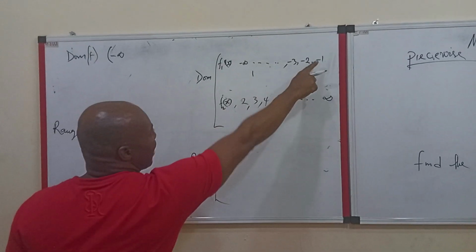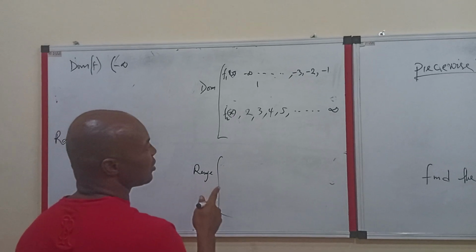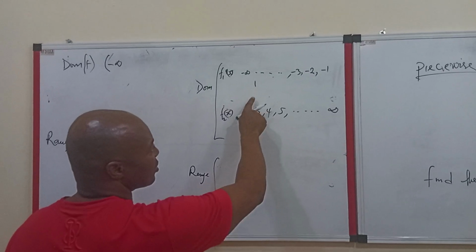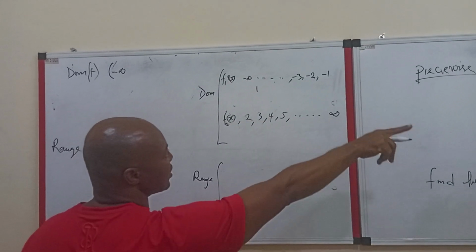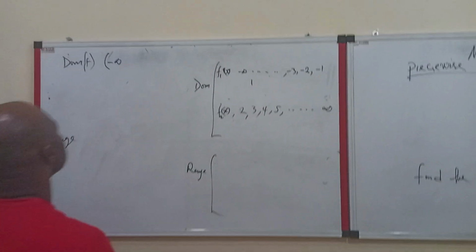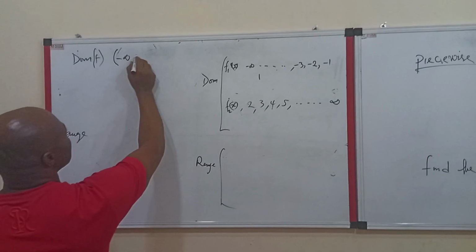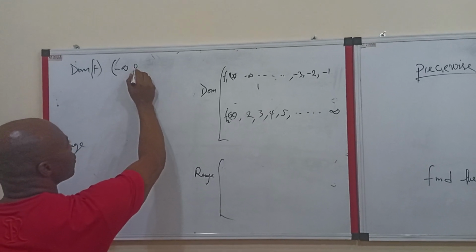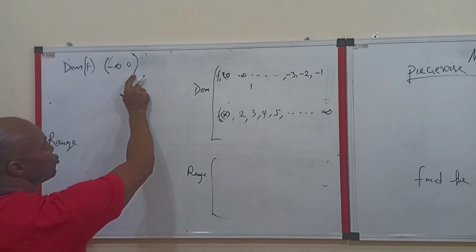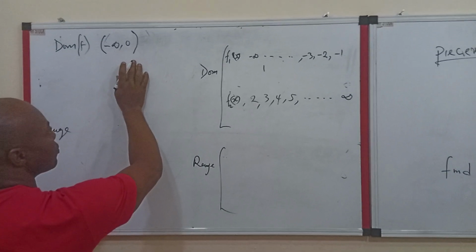But if you go up to minus 1, you know 0 is not there. Here 1 is there, 2, 3, 4 to infinity. But what is not here is 0, so we will remove that one. If we put 0, it means we will use this bracket.